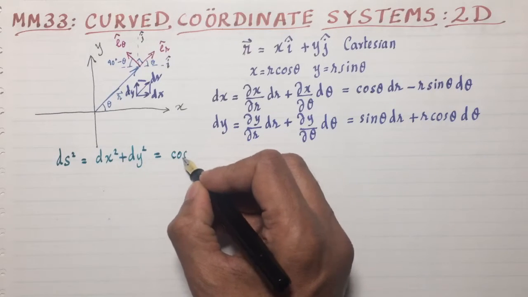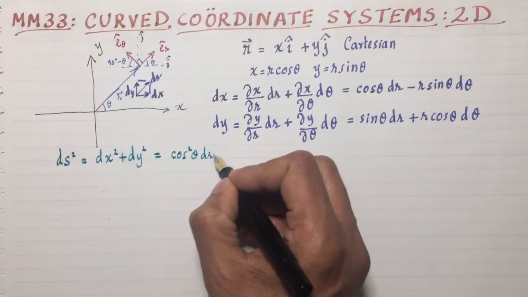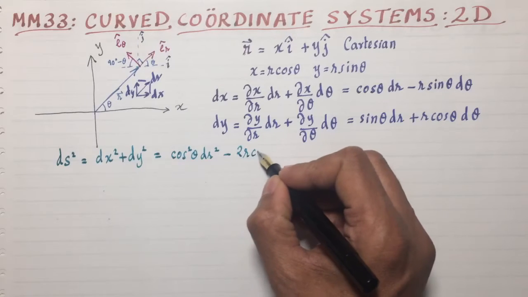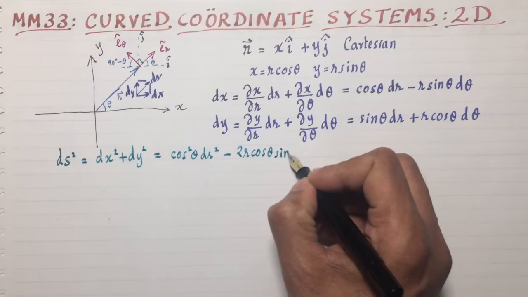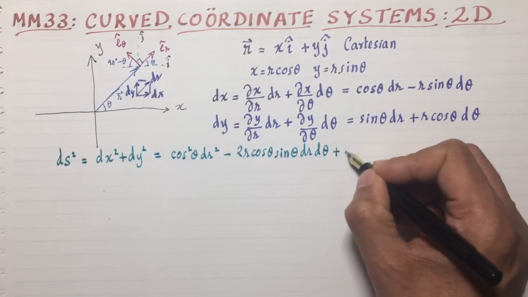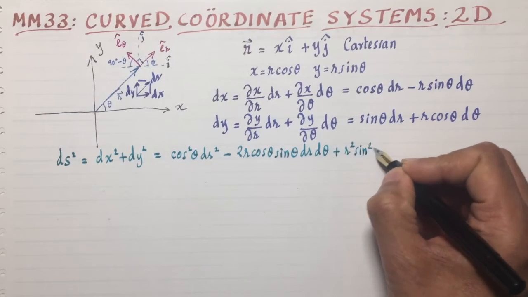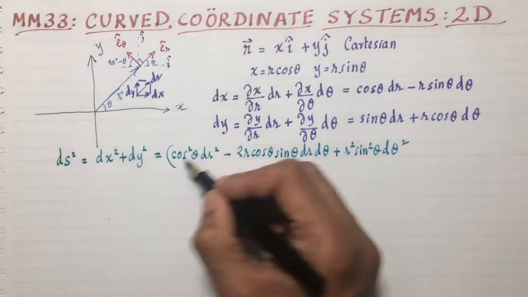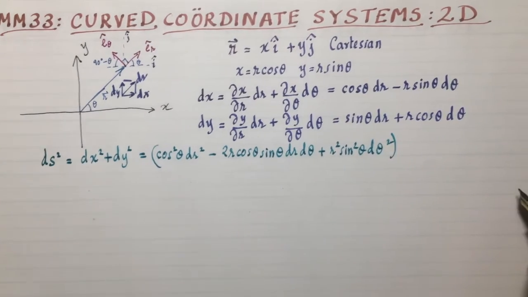I'm going to get cosine squared theta dr squared minus 2 times r cosine theta sine theta dr d theta, and then plus r squared sine squared theta d theta squared. Now I'll be squaring dy.